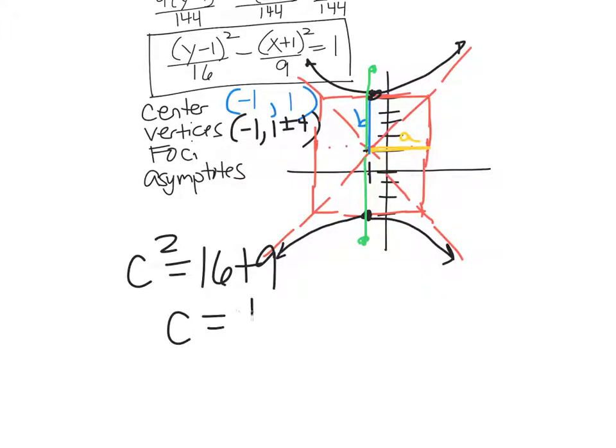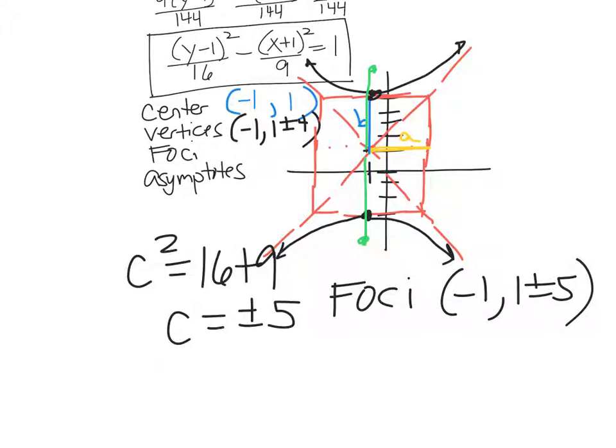All right, so you get 25, and then you take the plus and minus square root, and you get c equals plus or minus 5. Your foci are going up and down from the center. So the center was negative 1, 1, and you can just add plus or minus 5. You can actually find that this point is negative 1, 6, and this point is negative 1, negative 4.